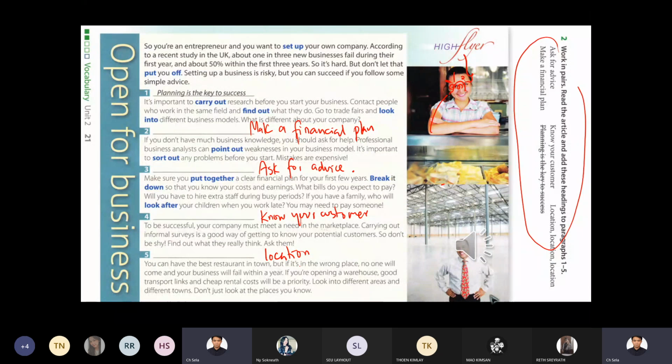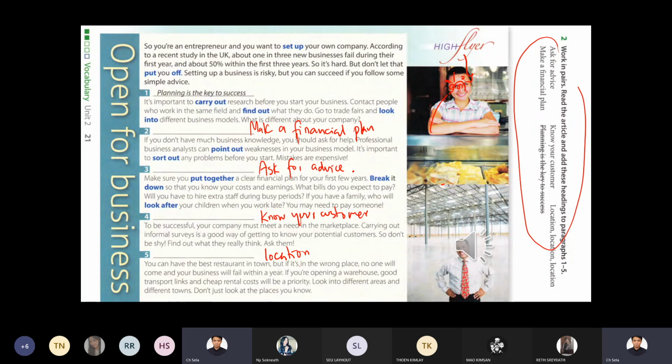You can also listen along, practice reading and check all the difficult words. So here we go. Open for business. So you are entrepreneurs and you want to set up your own company. According to a recent study in the UK, about 1 in 3 new businesses fail during the first year, and about 50% within the first 3 years.